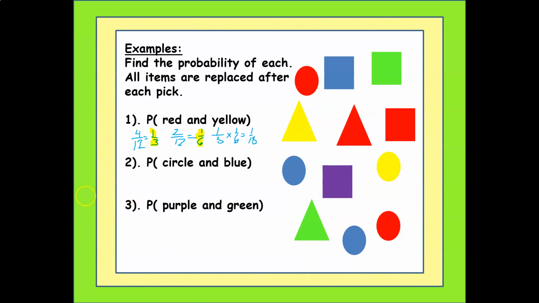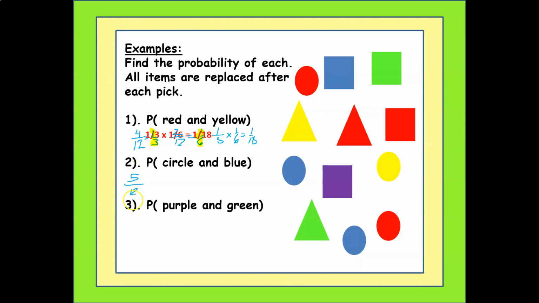Now, let's look at our next one. What is the probability of drawing a circle and a blue? So the probability of drawing a circle, we have 1, 2, 3, 4, 5 circles out of 12 items.